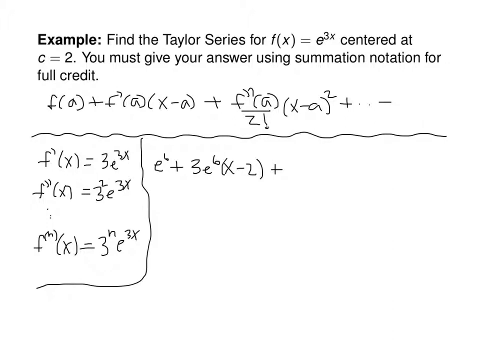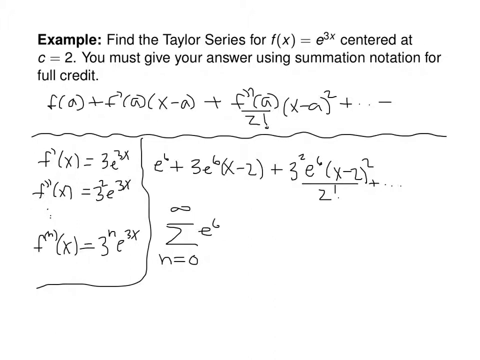Then we will have 3 squared e to the 6th, x minus 2 squared over 2 factorial, etc., which is a sum from 0 to infinity. Now that e to the 6th is just a constant that shows up everywhere, so I'm just going to put e to the 6th there, 3 to the n, x minus 2 to the n, all over n factorial.